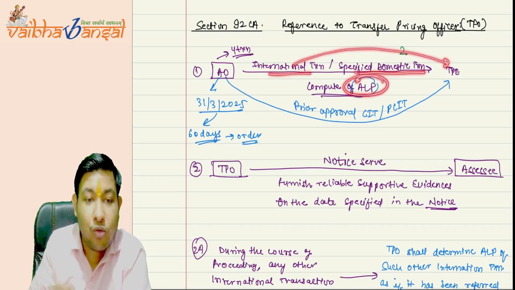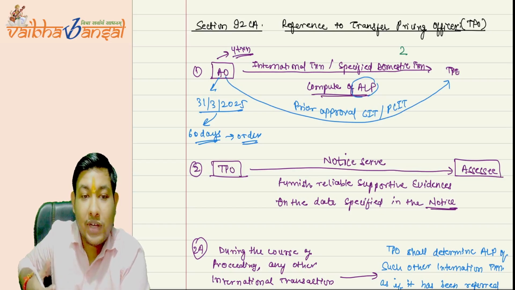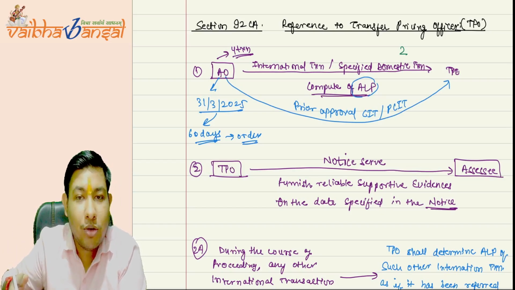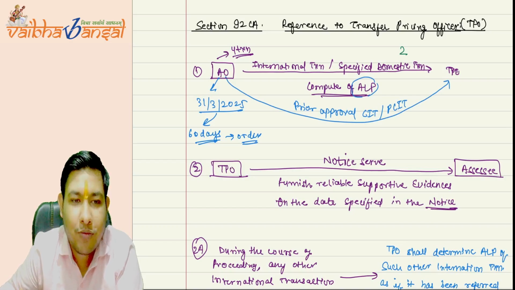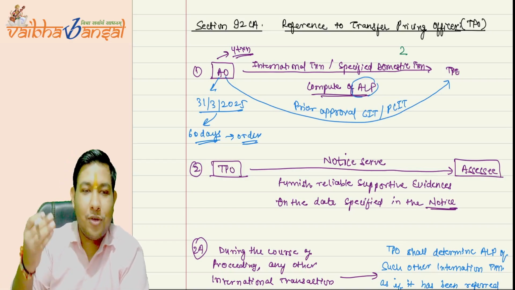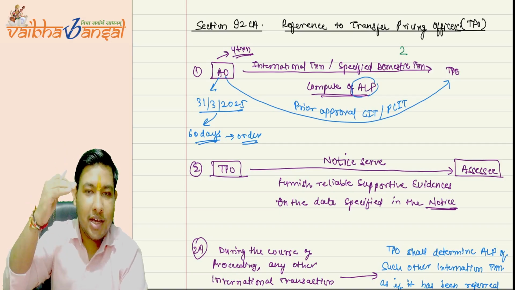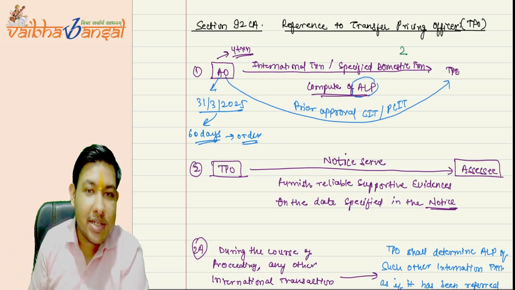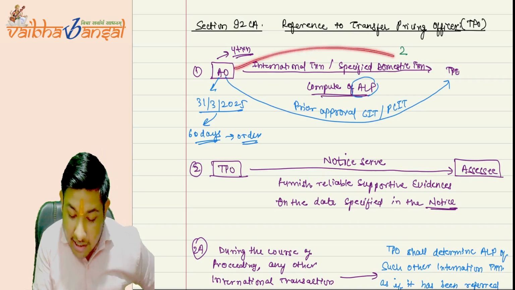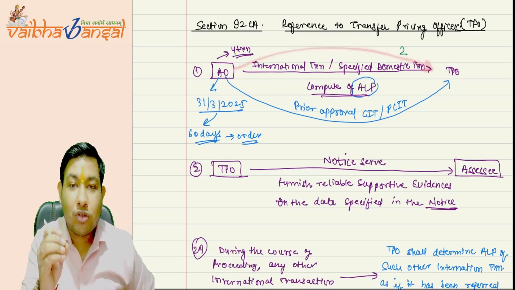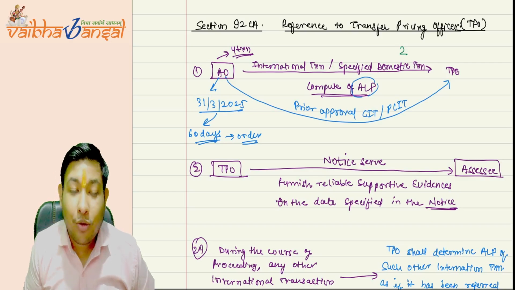But if he is shifting his responsibility to the TPO, then he has to take the prior approval from his senior. Before delegating his work to the TPO, he has to take prior approval. Who is his senior?